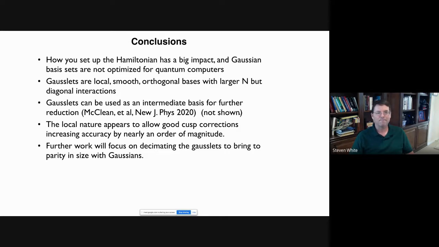And then the local nature appears to allow good cusp corrections, which can potentially increase the accuracy by, say, an order of magnitude. And we have further work on decimating the Gausslets to bring in size parity similar to Gaussians. Okay, thank you.